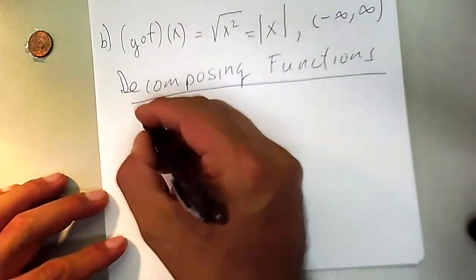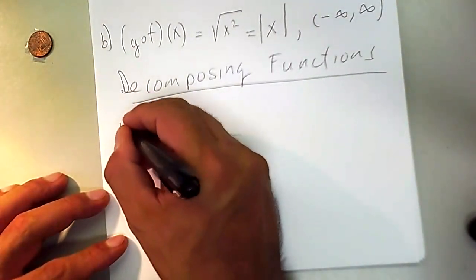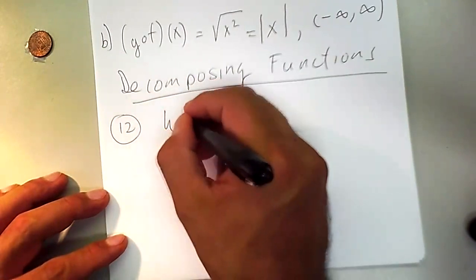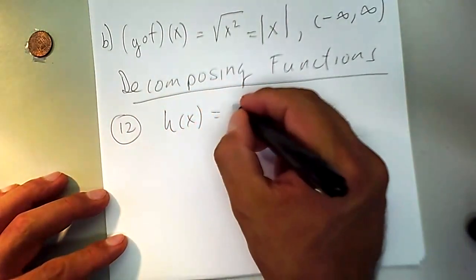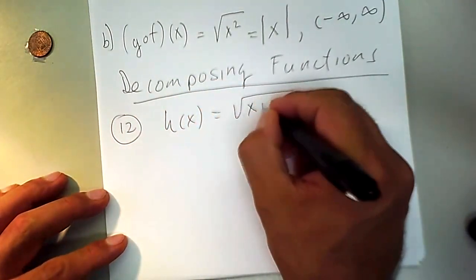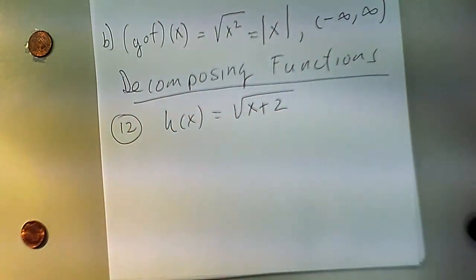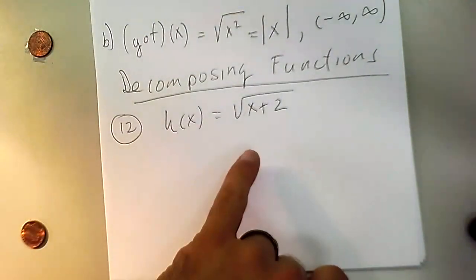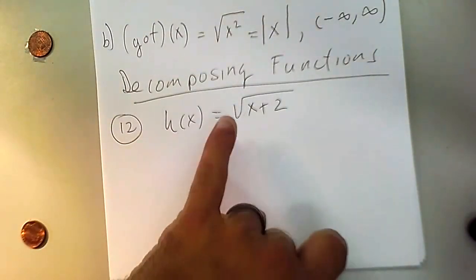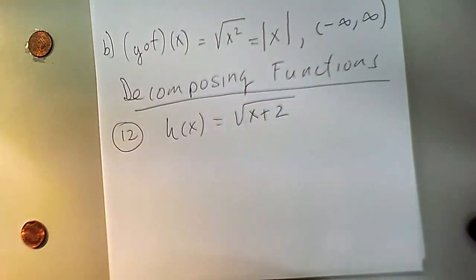So as an example 12, h of x equals square root of x plus 2. Let's start with something simple. We're going to be faced with breaking this up into two functions via a composition.